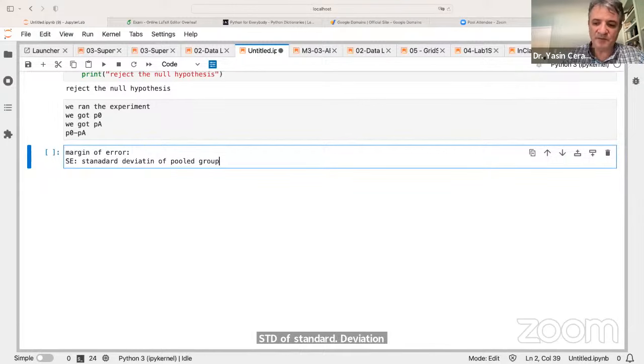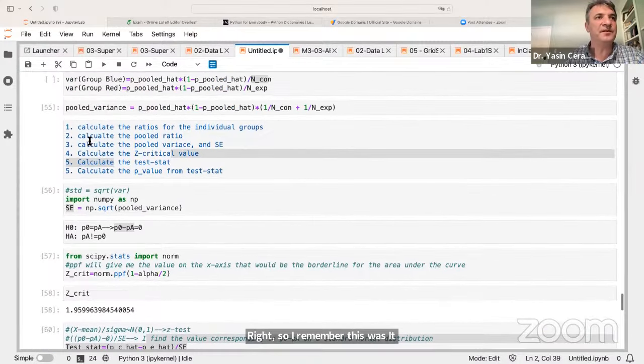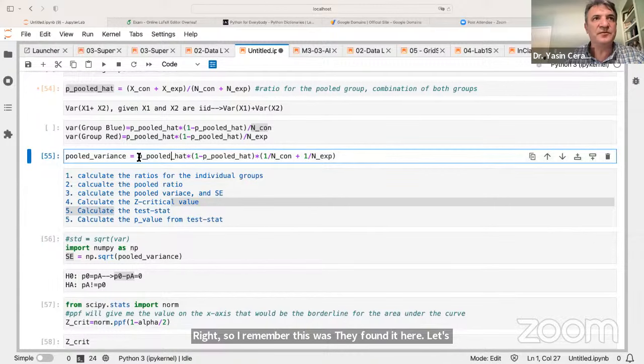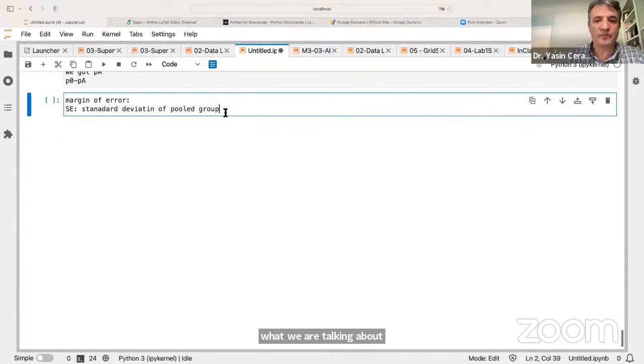Remember, we found it here: the pooled variance is here. Let me copy this here so that you remember what we are talking about. Out of this group, this is SE.